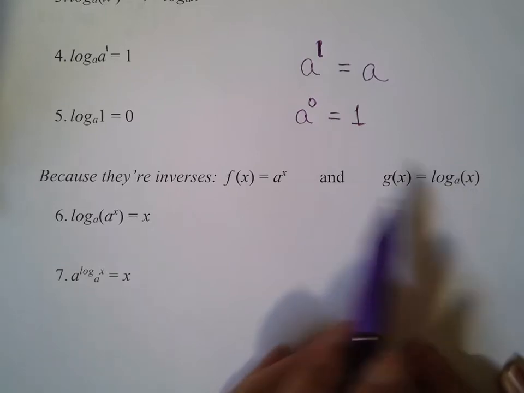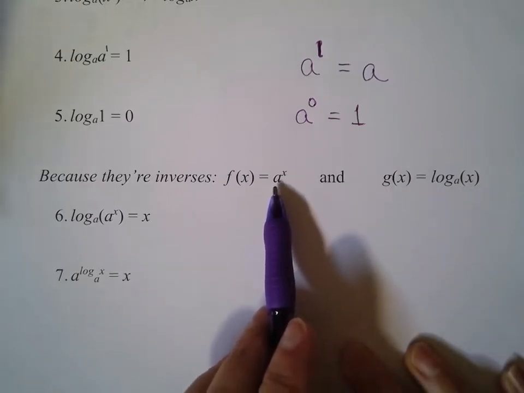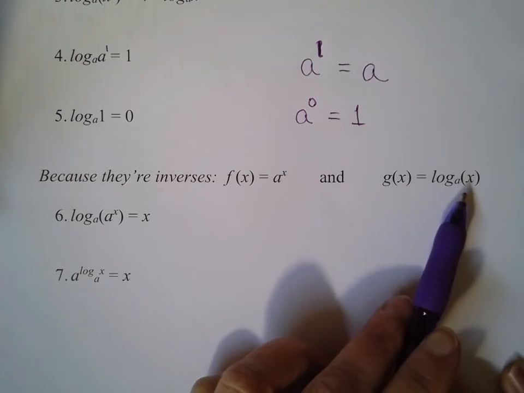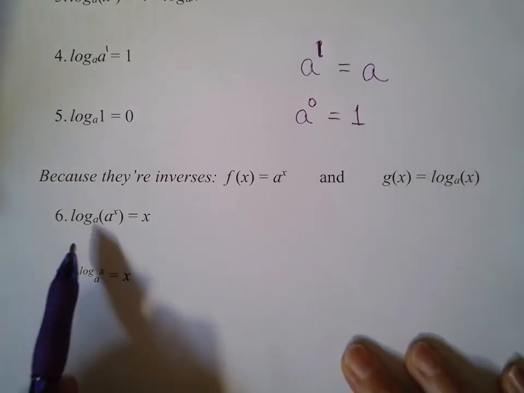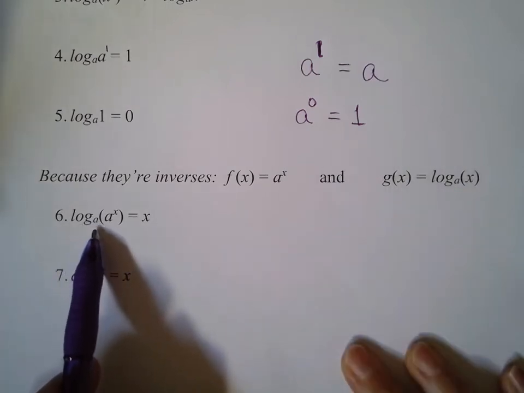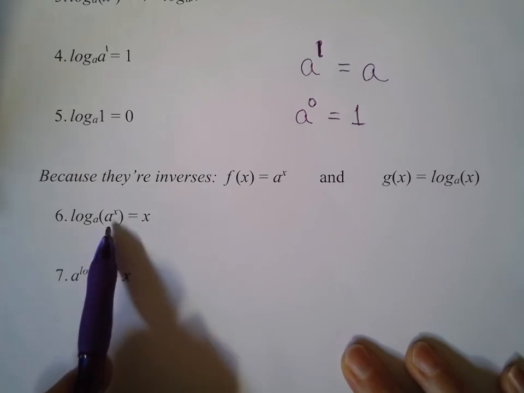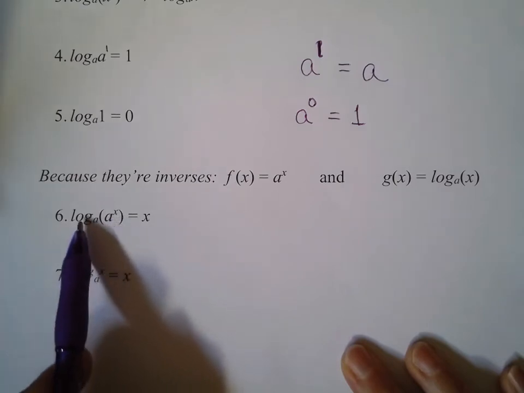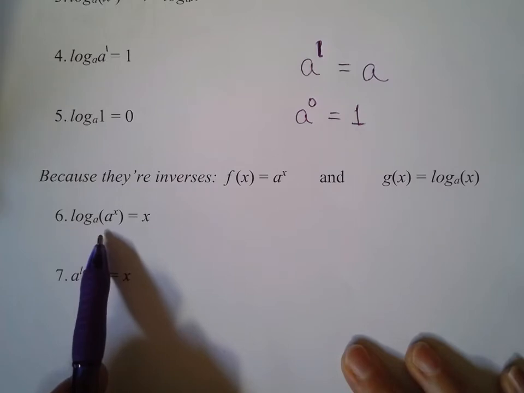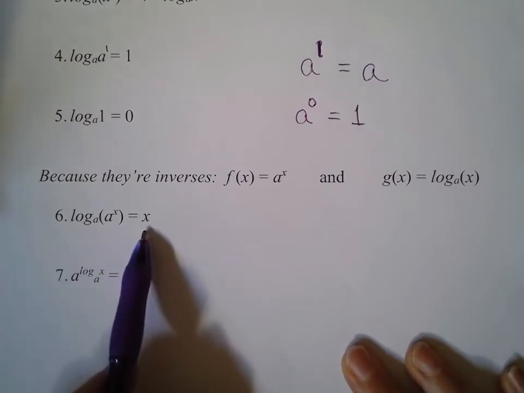So property number 6 takes the function a to the x and substitutes it into the log base a of x, so that I have the log base a of a to the x. The base of a and the log base a cancel each other out, and I'm left with just x.